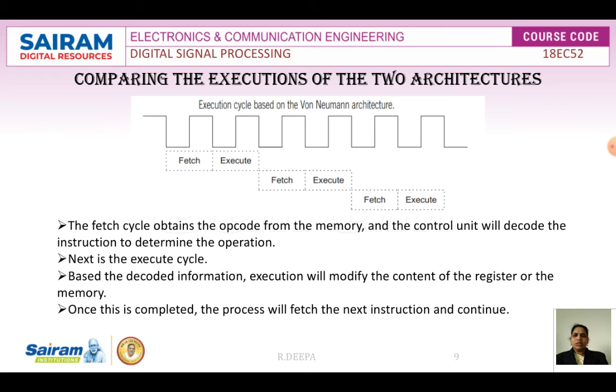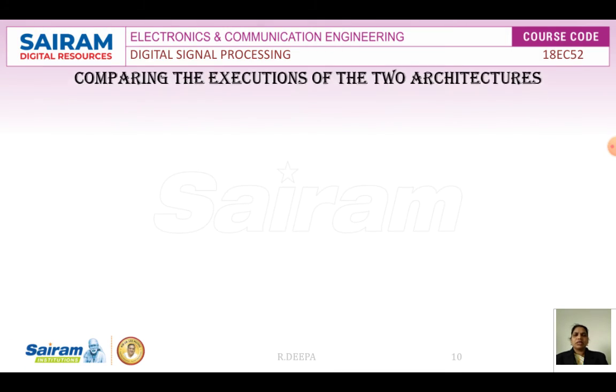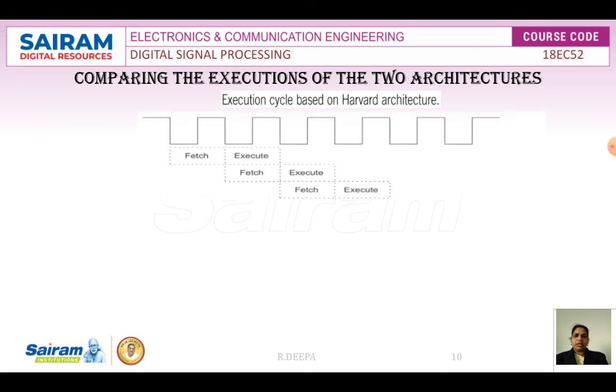If you observe the complete timing cycle, it will be executed in a serial manner. That is, first the fetch, later execute, again it will fetch the next instruction, and it will execute. So in the serial fashion, we are going to execute each and every instruction in the case of von Neumann architecture.